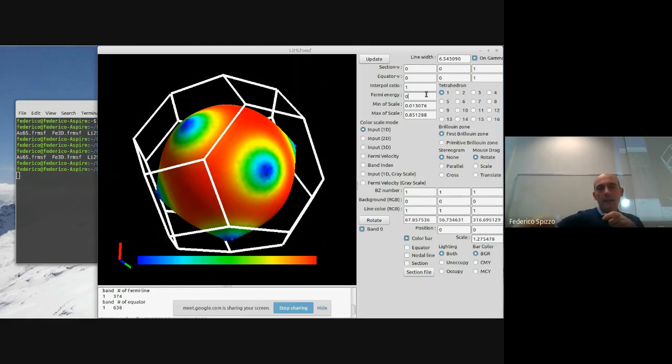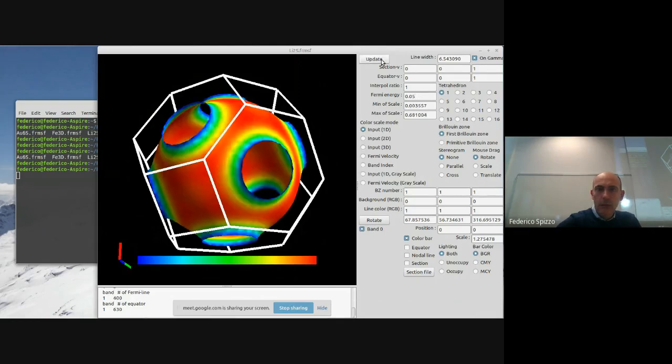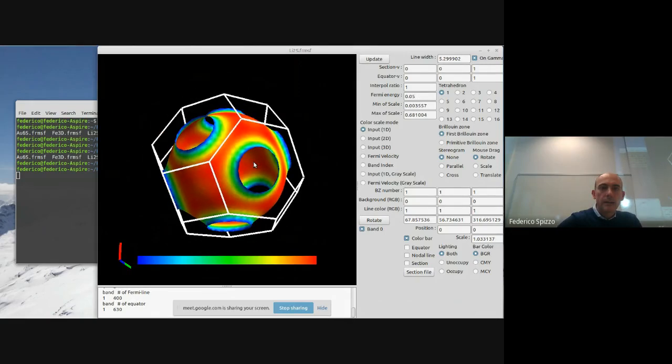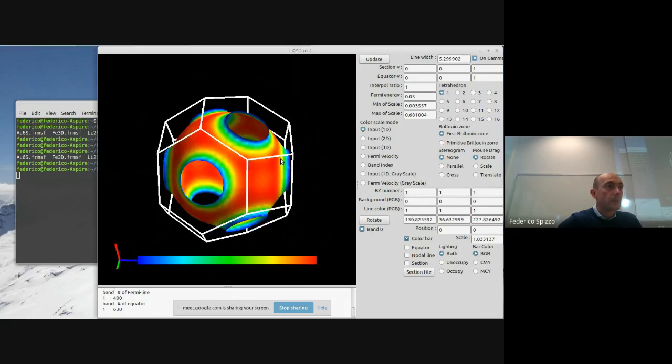So the fact that that is 0 means that what I'm seeing now is actually the structure of the surface that corresponds to the Fermi energy of lithium. If I increase that value, you see that you have the appearance of necks also in this case.